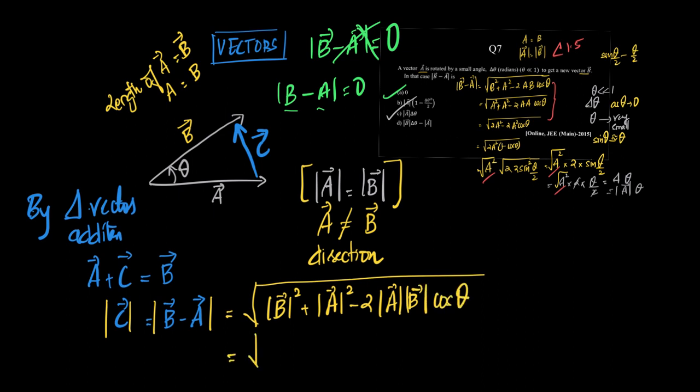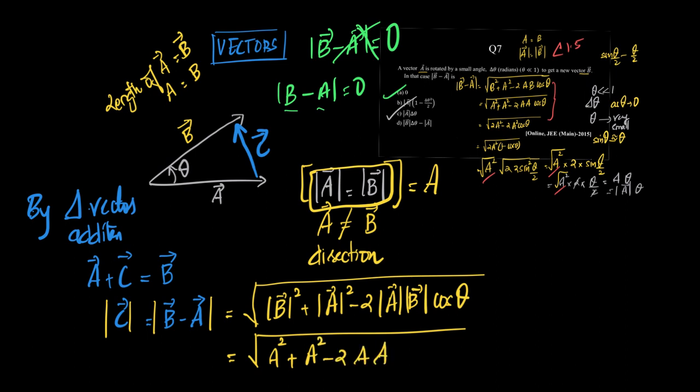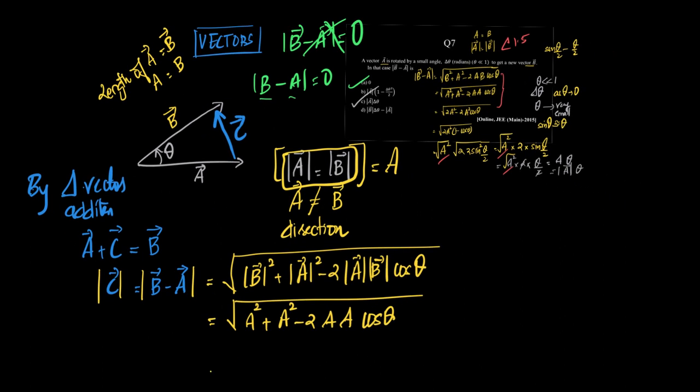Now, what we need to understand here is modulus of A is equal to modulus of B. So this becomes A square plus A square minus 2A square into cos theta, which further we get as root of 2A square minus 2A square into cos theta.